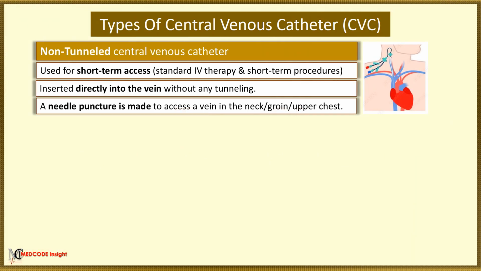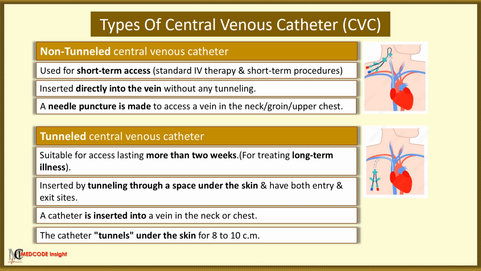There are two types of central venous catheter, non-tunneled and tunneled. A non-tunneled catheter is used for short-term access, like for standard IV therapy or short-term procedures. It is inserted directly into the vein without any tunneling. A needle puncture is made to access a vein in the neck, groin, or upper chest.